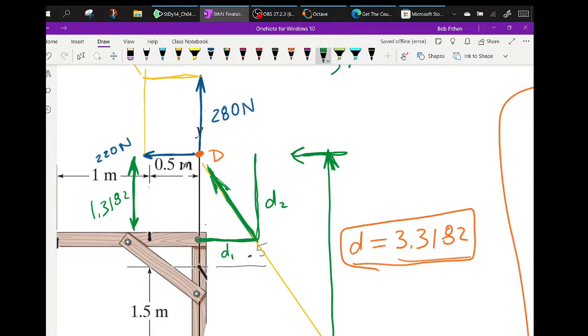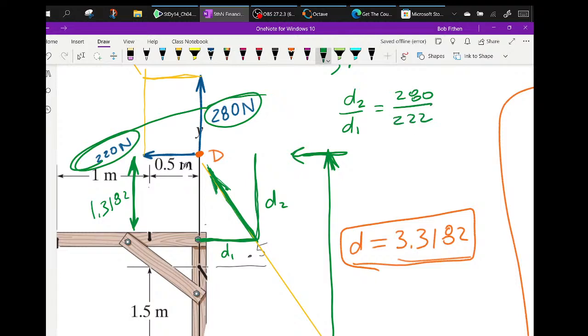If I ratioed these, distance 2 over distance 1 would be the same as this number over that number, a ratio of 280 over 220. Now, here's your deal. I know this distance is D2. So unfortunately, I wanted to do this the other way.